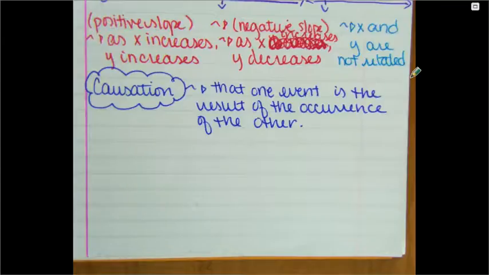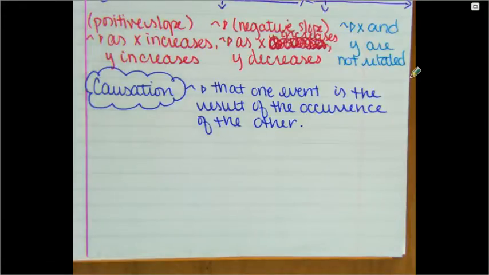But if I say that I washed my car and then it rains, was the rain caused by my car getting washed? No. That has nothing to do with each other, right? Just a coincidence, but nothing caused it. Do you see how that works? Okay. So causation is kind of like common sense.